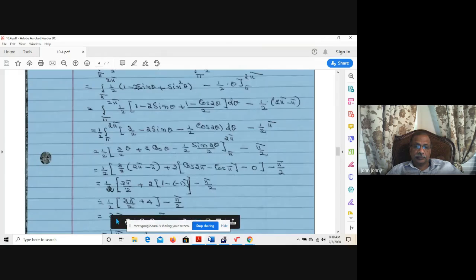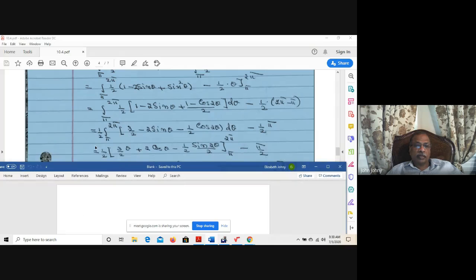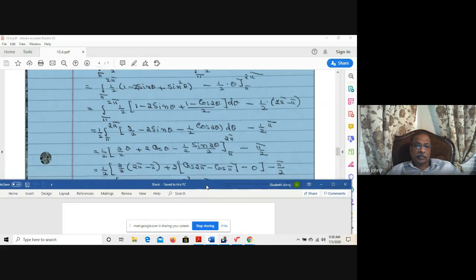That is equal to 1 half times 3 over 2 theta plus 2 cos theta, since the derivative of cos theta is minus sine theta, so it becomes plus, minus 1 half times sine 2 theta over 2, from pi to 2 pi, minus pi over 2. That is 1 half times, substituting the limits, 3 over 2 times upper limit minus lower limit, plus 2 times cos 2 pi minus cos pi, minus 1 half times sine 2 pi, sine 4 pi minus sine 2 pi.